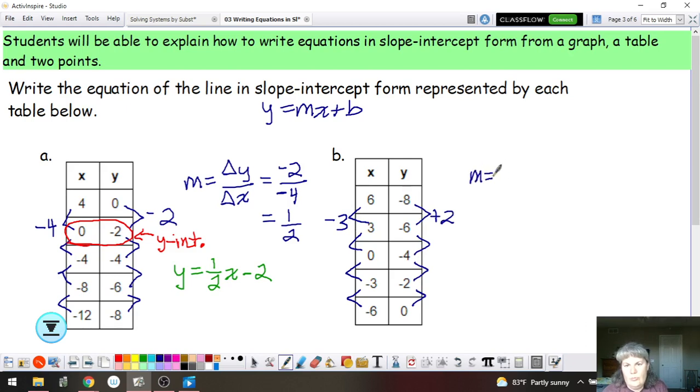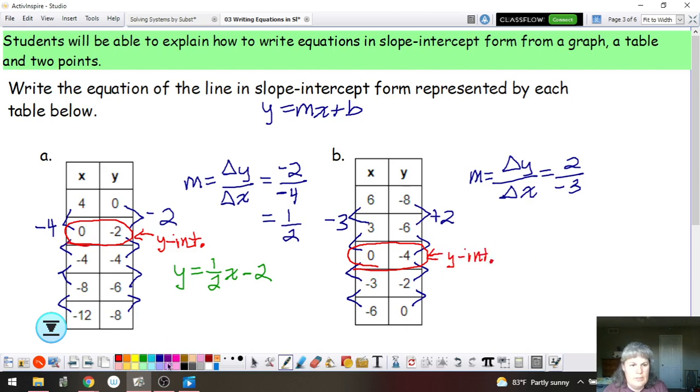So our slope, which is a change in the y value over a change in the x value, is +2 over -3. Now, when I look at my table, I see that I have 2 zeros in it. Remember, for y-intercept, you're looking for when x is 0. So here's my pair where x is 0. This is my y-intercept.